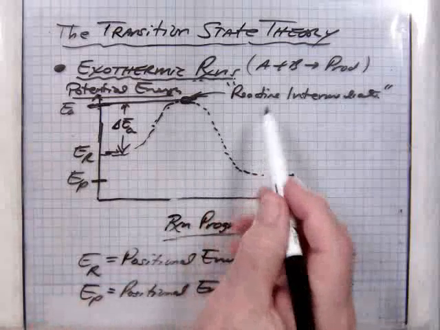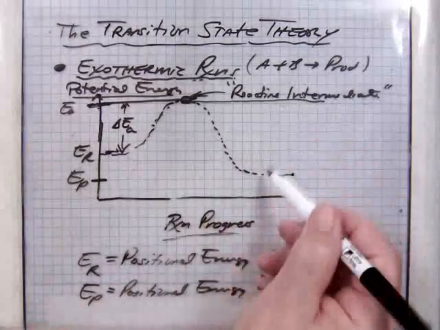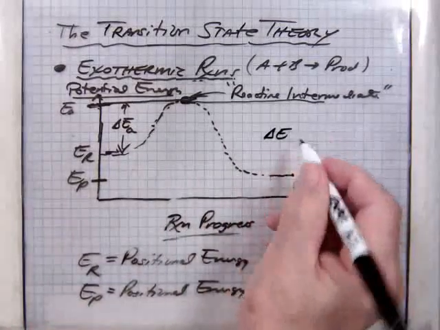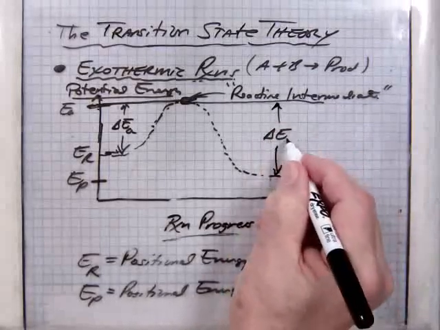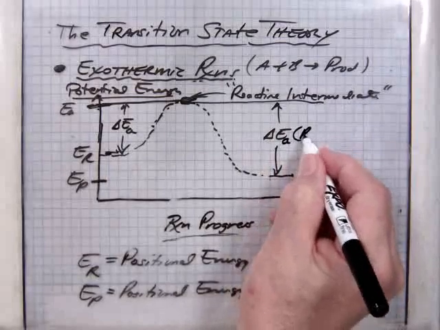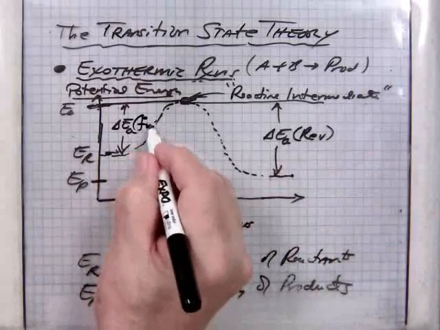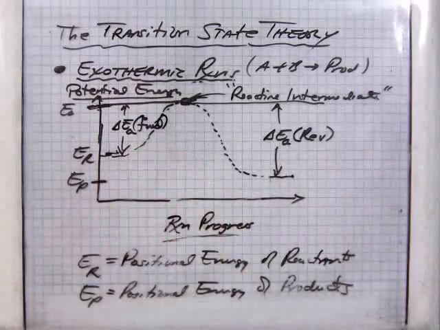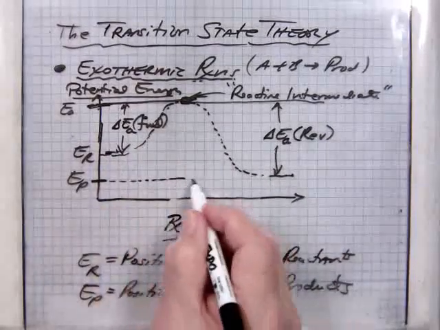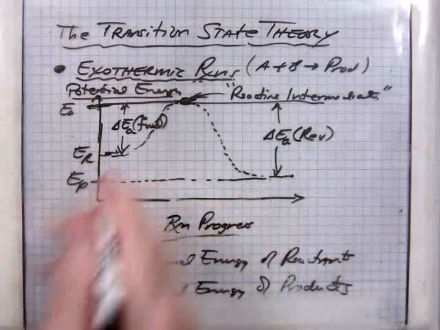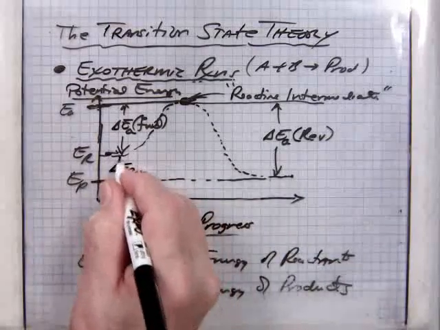As it falls, this space here has a certain amount of energy loss, but that happens to be what we call the activation energy for the reverse reaction. This one going forward is called the forward activation energy. Now, the distance between the positional energies is the heat of reaction, or delta E of the reaction, here to here.